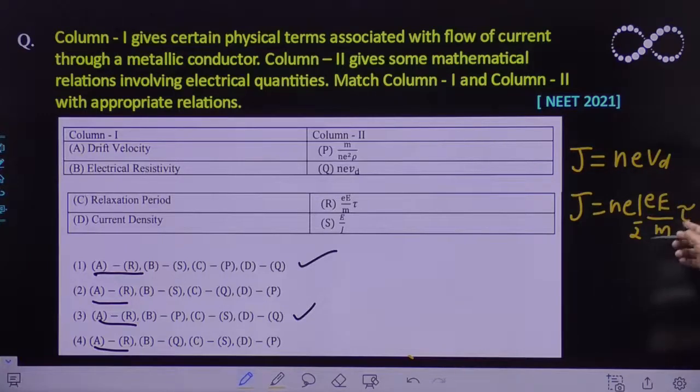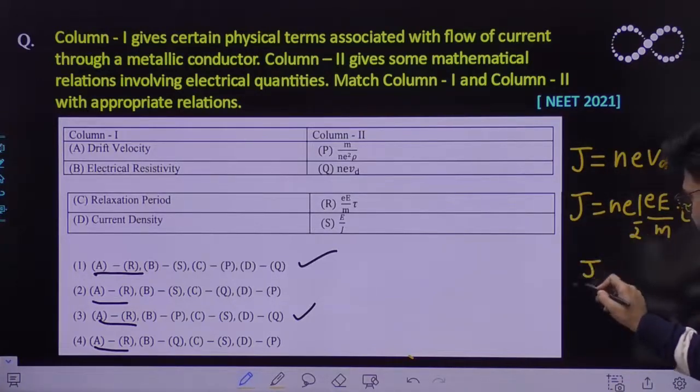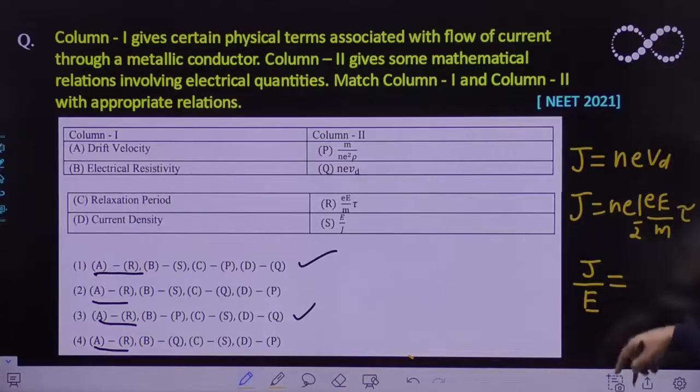From here we know that J by E is given by a constant term, that is, the current density per unit electric field, which is conductivity, also called sigma. This sigma is also related to resistivity as 1 upon rho, since conductivity is inversely proportional to resistivity.